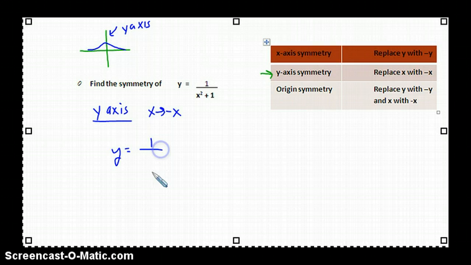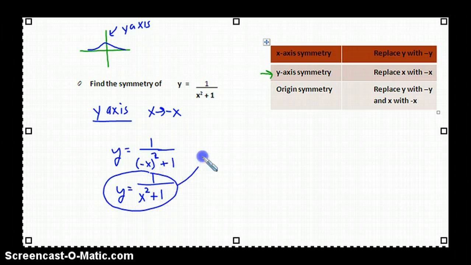So it would be y equals 1 over negative x squared. Make sure you put the negative x in parentheses, and then add 1 to that. Well, when I take a negative x and I square it, it becomes positive. And that is my original equation. So because I was able to get back to my original, then I know that it's symmetry along the y-axis.